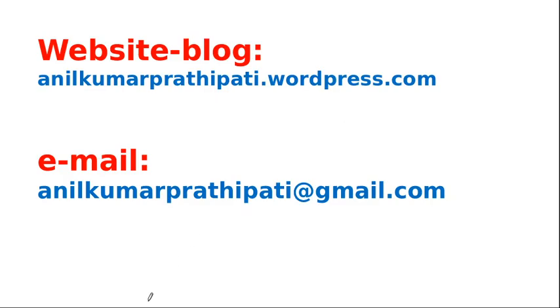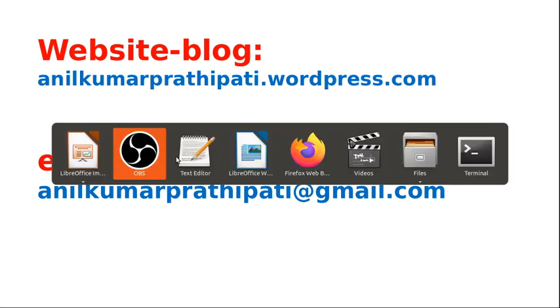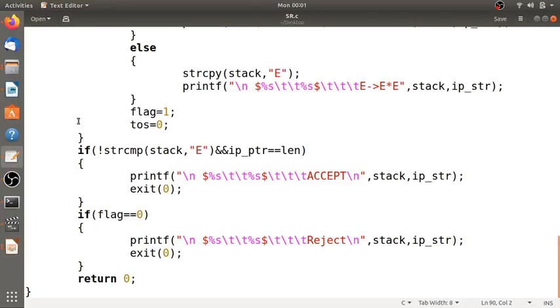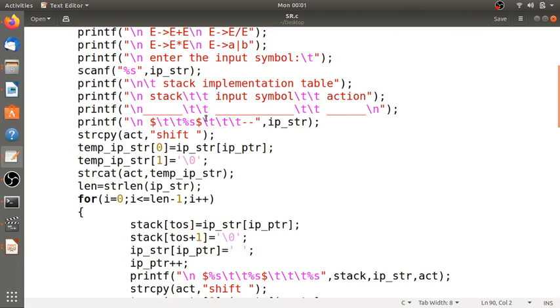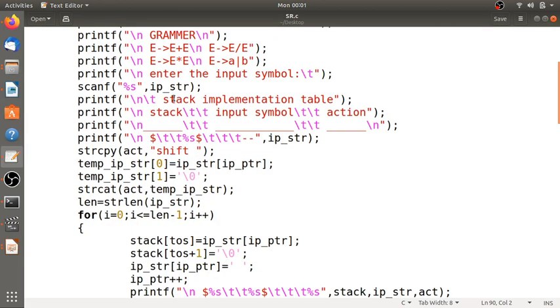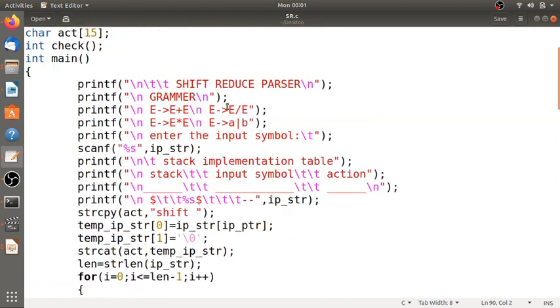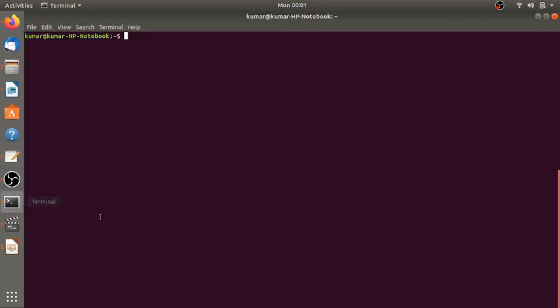After that, if you have any doubts, feel free to make a call. So this is our program, the same program that I showed you on the slides. The program is stored on the desktop, so first I move to the desktop and verify.